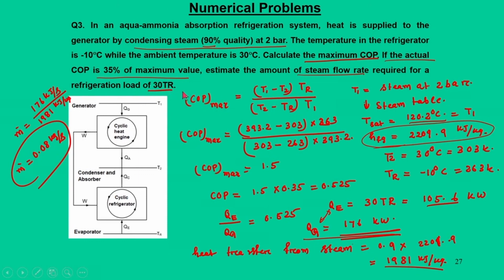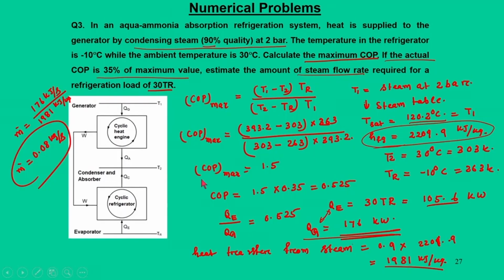So this is how you are going to solve these problems on vapor absorption systems. For this particular course, normally only this kind of problem is referred to. We are not going very deep into vapor absorption refrigeration systems.